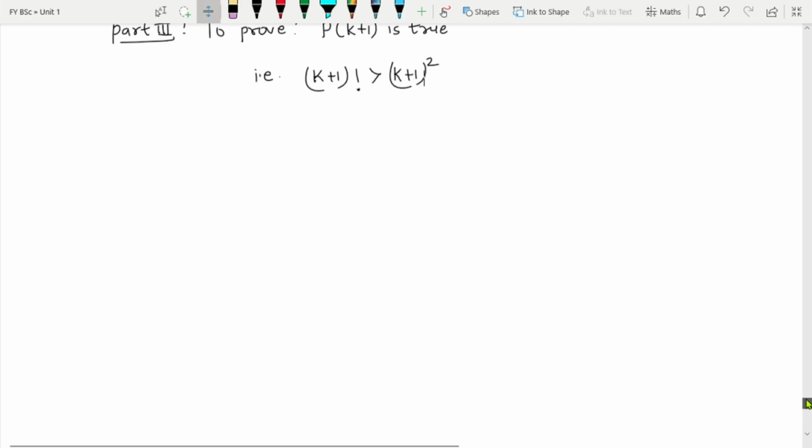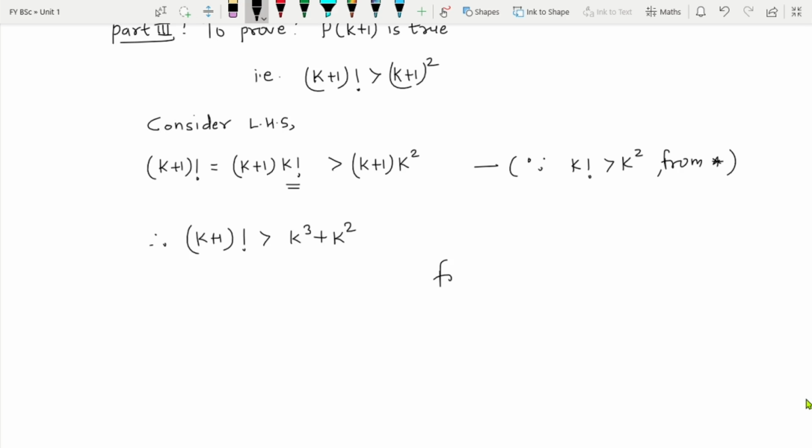Just note one thing, whatever is going on is for n greater or equal to 4. So let us check the relation between k cube plus k square and k plus 1 square. Now k plus 1 square is k square plus 2k plus 1, if you use the formula a plus b whole square. If you put the value of k as 4, what you are going to get is 4 cube plus 4 square.